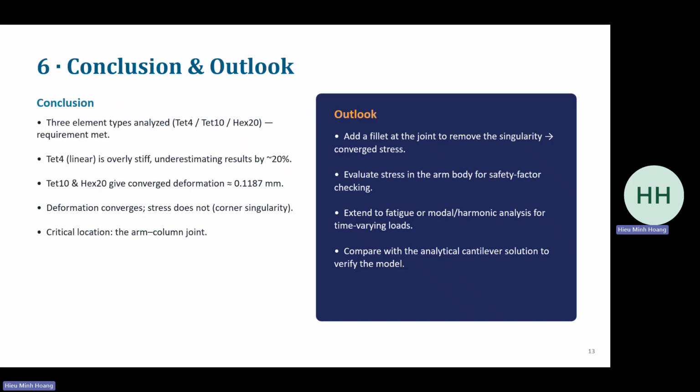TET10 and HEX20 give a converged deformation of about 0.1187 millimeter. The deformation converges, but the stress does not, because of the corner singularity. The critical location is the arm column joint.